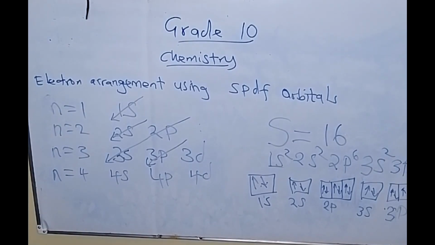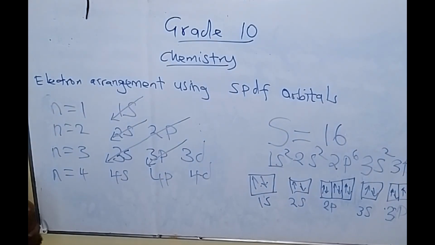The next thing you need to take into consideration is that the electrons represented by arrows must be in opposite directions when paired, because if they are in the same direction, we will have high electron repulsion.